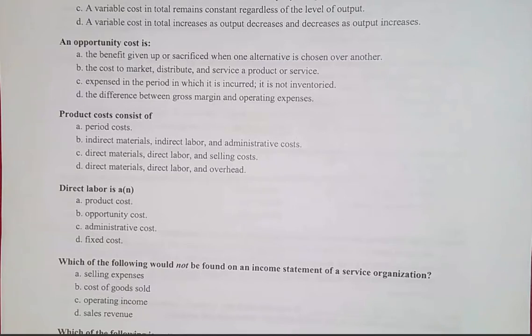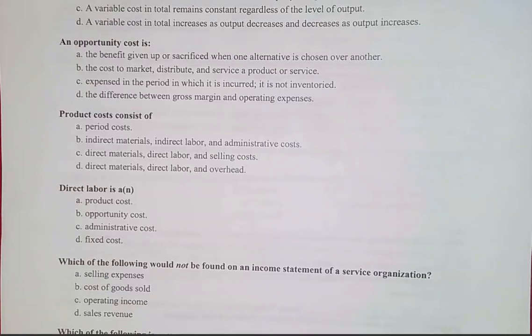Choice B says the cost to market, distribute, and service a product or service. Okay, that's going to be a selling expense. So that's not right. C, except in the period in which it is incurred, it is not inventory. That's a selling or administrative expense, just a general operating expense.